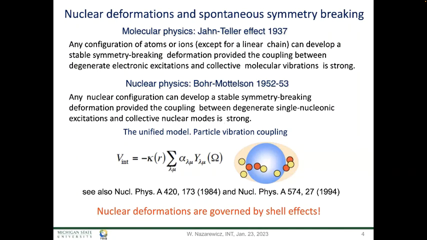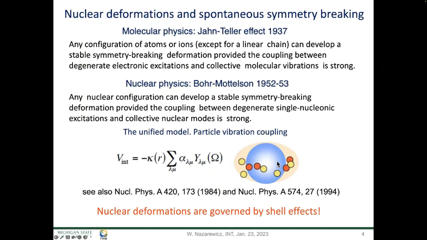So the way it was discussed by Bohr and Mottelson was in terms of, say, you have a spherical core, like a doubly magic nucleus, and you have valence protons and neutrons. This is symbolized in this figure, okay? And then there is an effective interaction between valence nucleons and the core, okay?